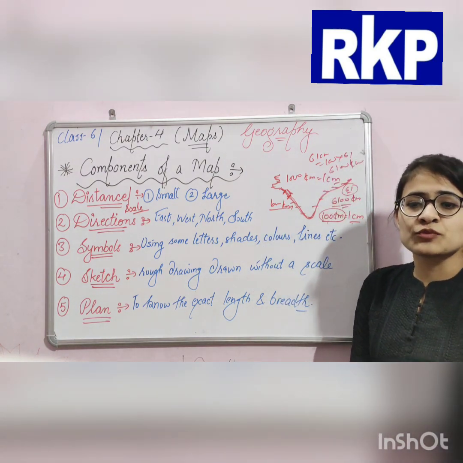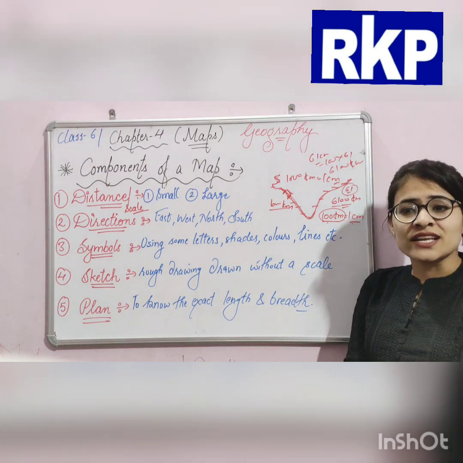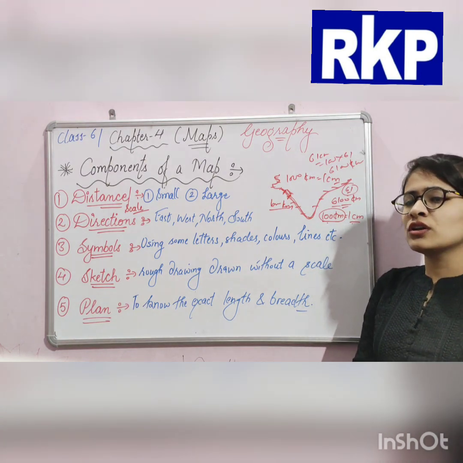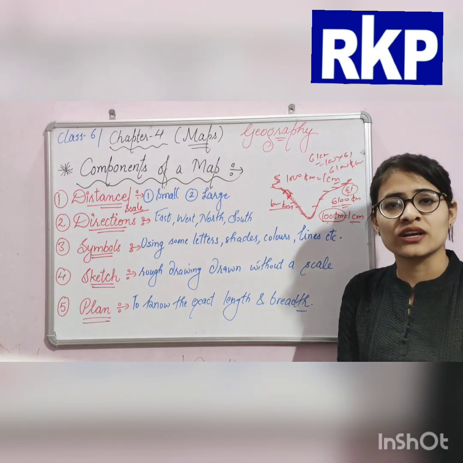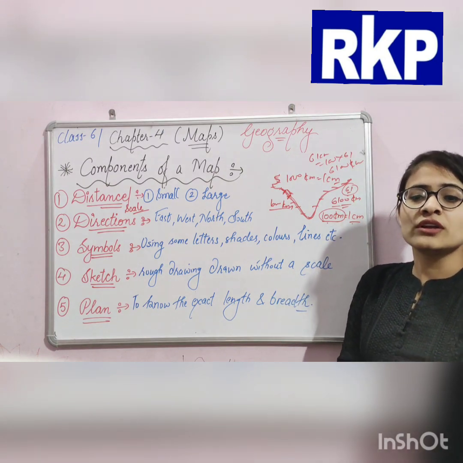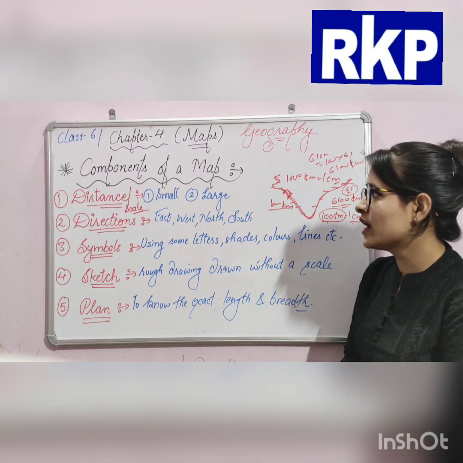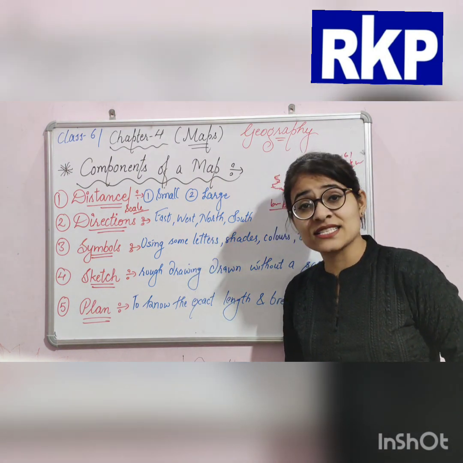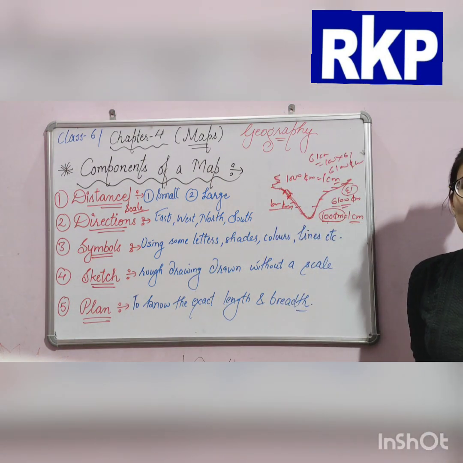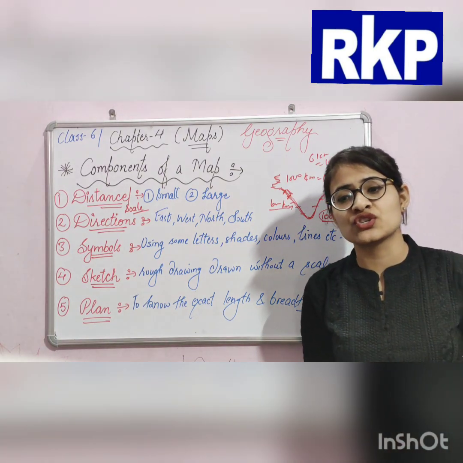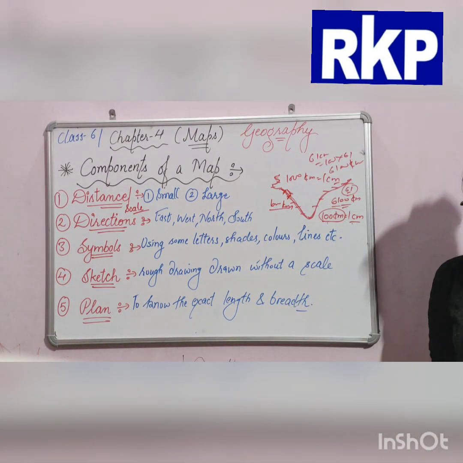A small scale map is when large areas are to be drawn on a paper. And large scale maps mean when a small area is to be shown on a paper.